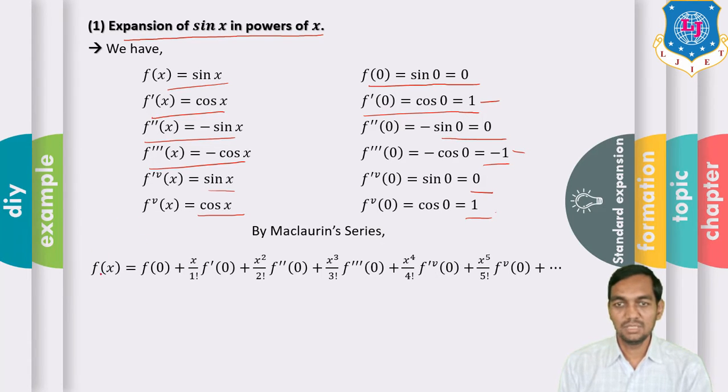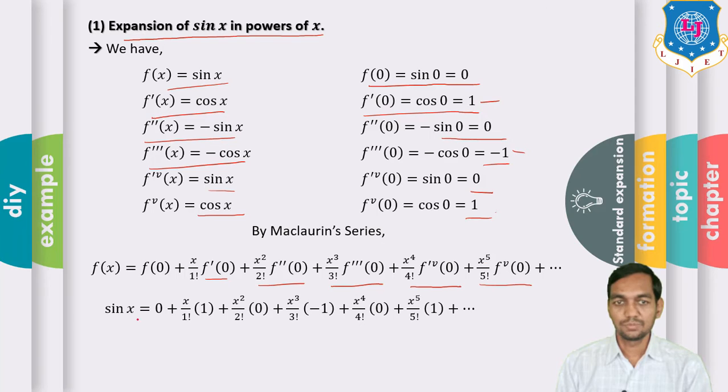So putting these values in the Maclaurin series, our Maclaurin series is f(x) equals f0 plus x upon 1 factorial f dash of 0 plus x square by 2 factorial f double dash of 0 plus x cube by 3 factorial f triple dash of 0 plus x raised to 4 by 4 factorial f4 of 0 plus x raised to 5 by 5 factorial f5 of 0 and so on. Here we are going to put the values.